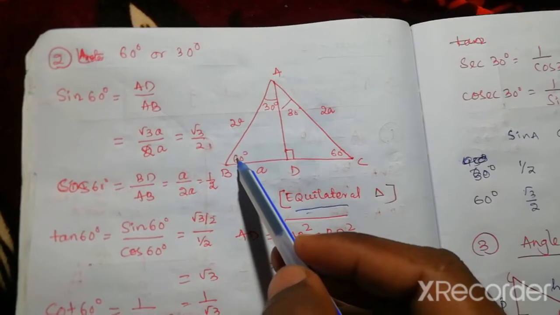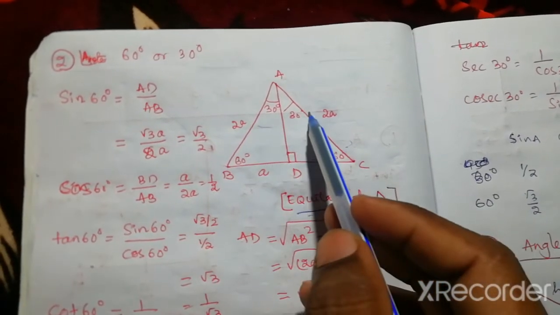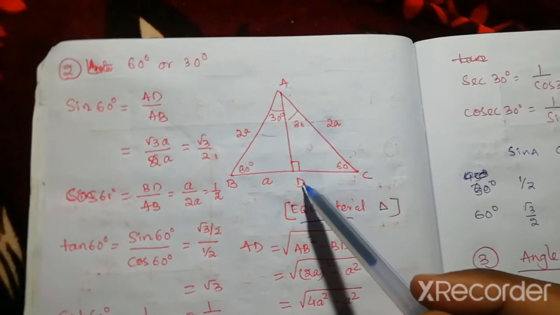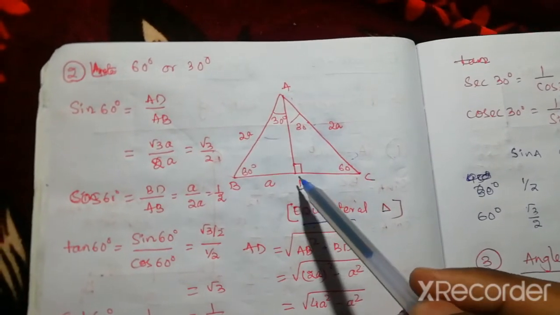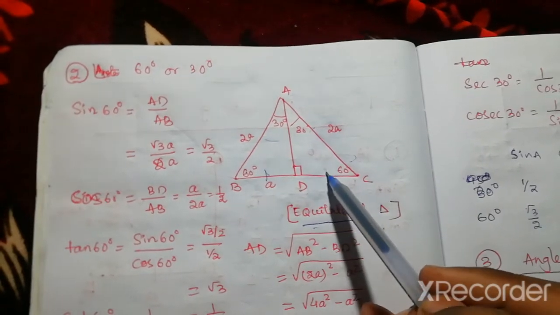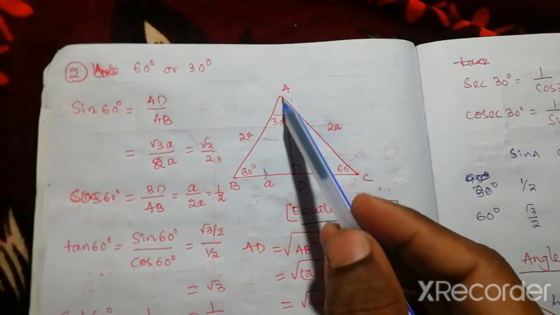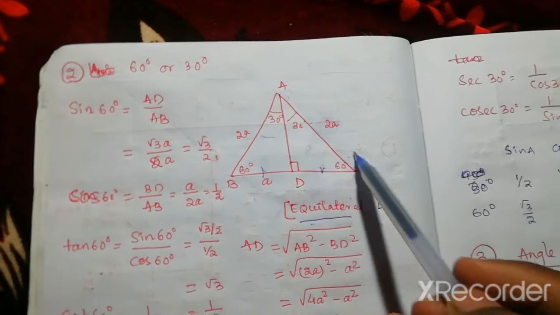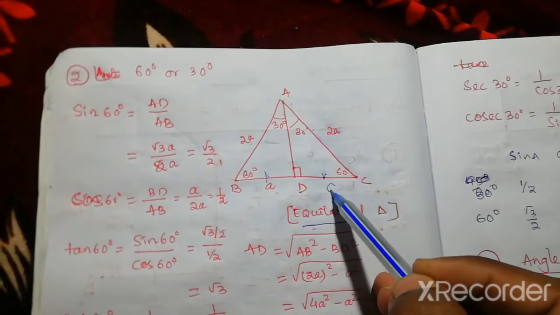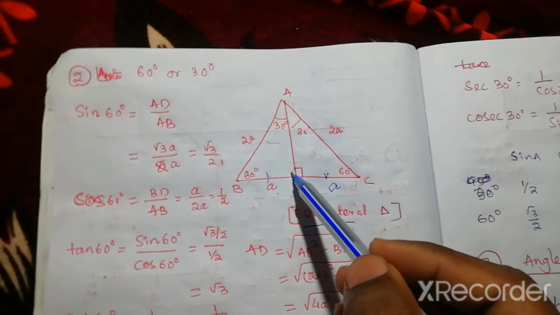Equilateral triangle means this is 60, this is 60 and this is 60. Now I draw AD perpendicular, or height. What happens? It bisects the base into two equal halves. So let this be 2a in total, so this one is a and this one is a, and this one is 90 degrees.